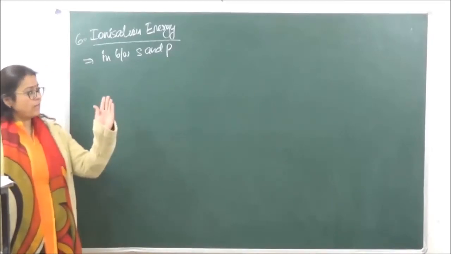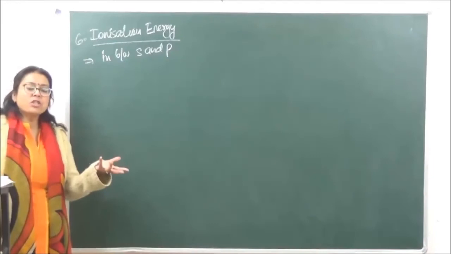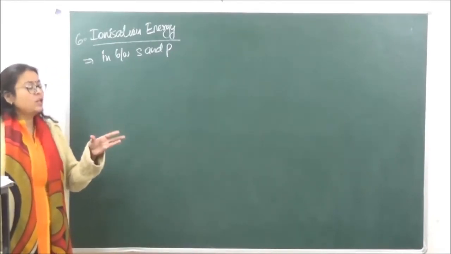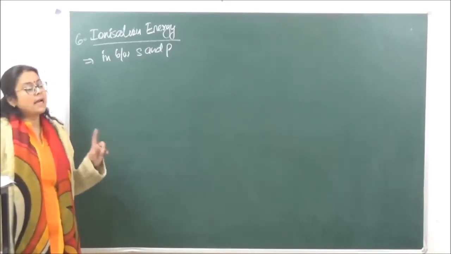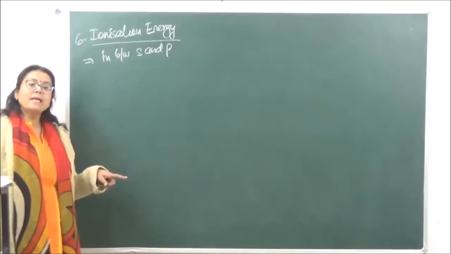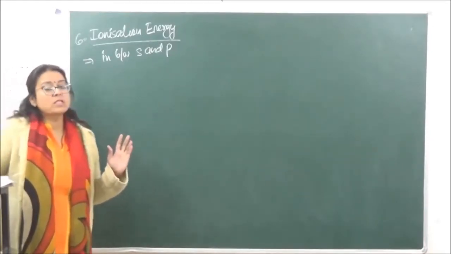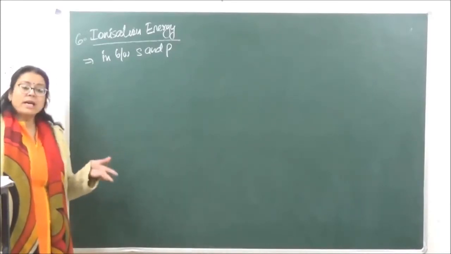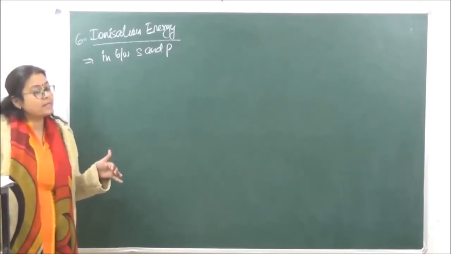You know when you're traveling along a period, what is happening? The size is decreasing, therefore ionization energy should increase. So as the d block elements are coming in the center, they are going to have ionization energies higher than s, but lower than p. ठीक है? And this also relates to the electropositive character. जितनी आयनाइजेशन एनर्जी कम होती है उतना ही इलेक्ट्रोपॉजिटिव कैरेक्टर ज्यादा होता है और उतना ही मेटालिक कैरेक्टर भी ज्यादा होता है.